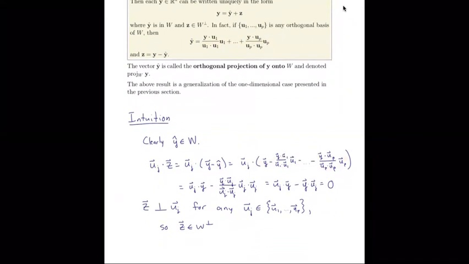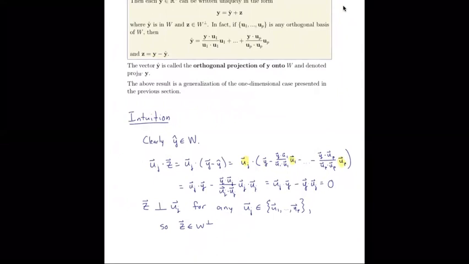Now, uj dotted with y leaves us with this term. And then uj is dotted with each of these terms along u1 through up. Well, let's remember u1 through up is an orthogonal basis. So uj is orthogonal to every ui except for uj itself. So we know that's the only one that's non-zero. The rest of those inner products are zero. So most of those terms fall out, and all we're left with is this first multiple minus the term that matches uj.